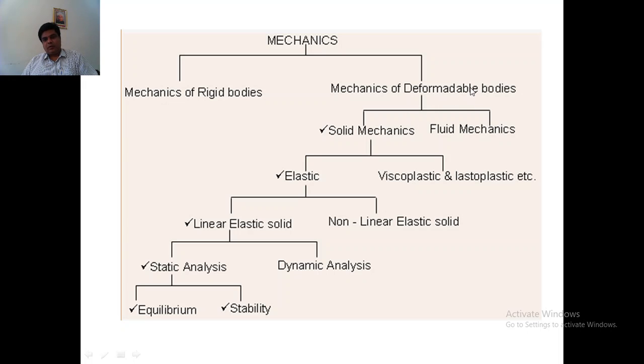And again, in deformable objects or materials, you know that matter in general can be classified as solid, liquid and gases. So in deformable bodies, we again divide the matter into two things here. One is the solid body.